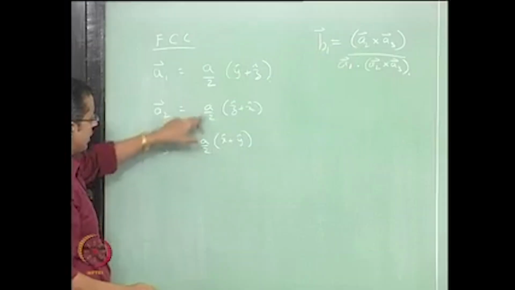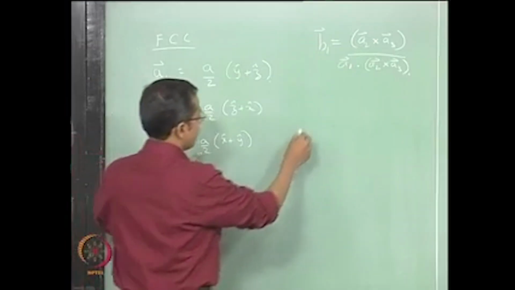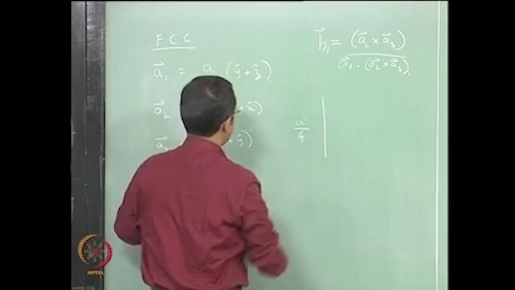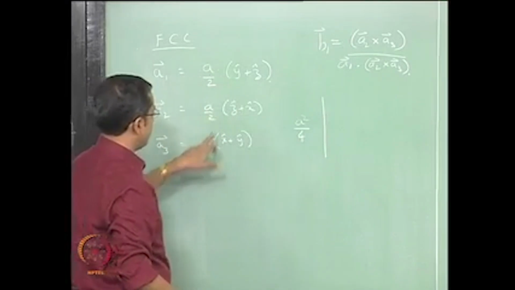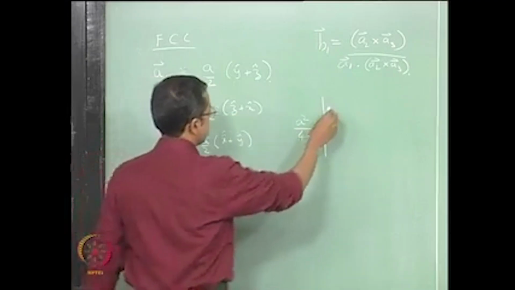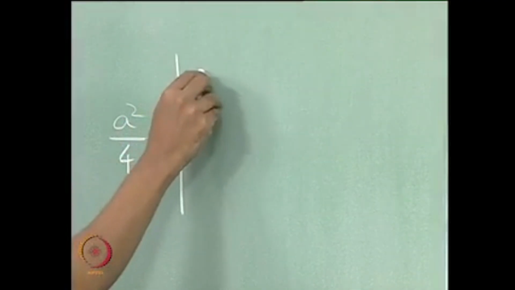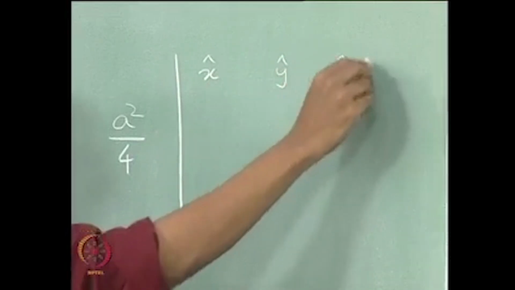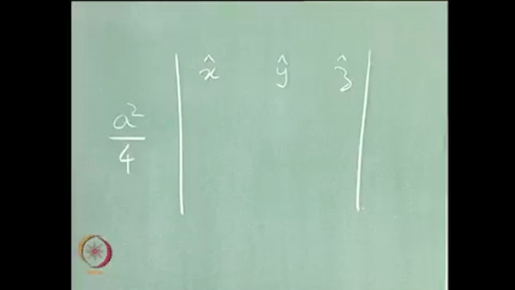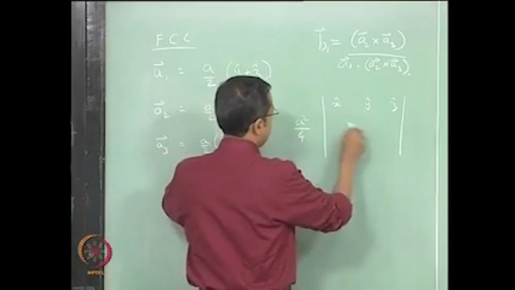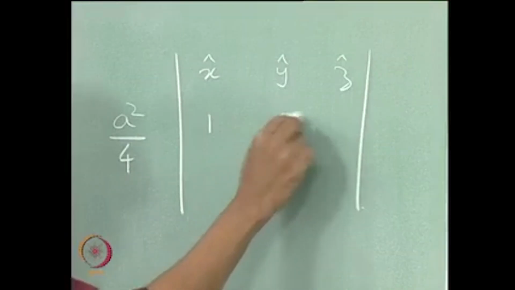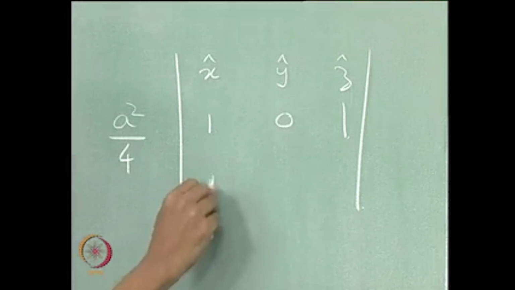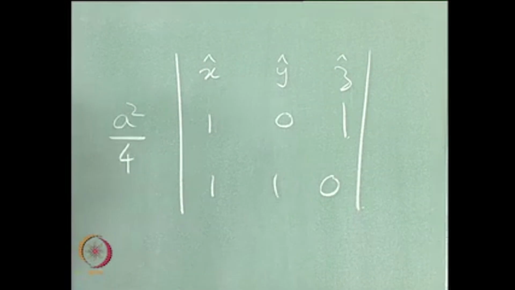Of course these two will get multiplied, so we will have A square by 4, and then we have to write this down here. We will write x cap, y cap, z cap. Z plus x we will write as 1 0 1, and then x plus y we will write as 1 1 0. So we can evaluate this.